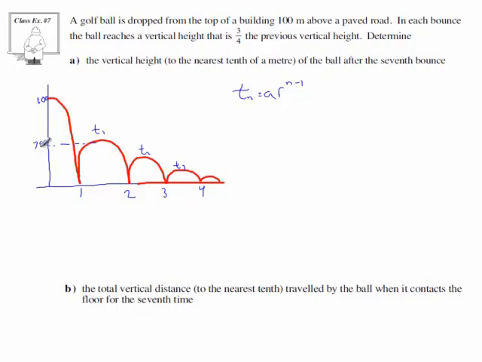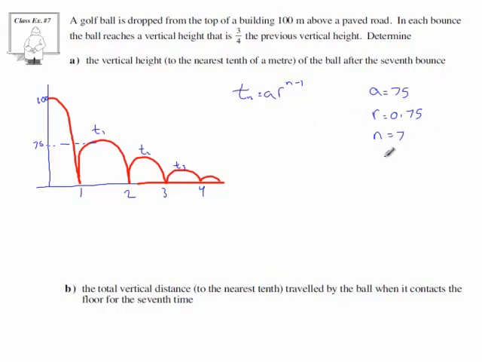So this is 75. Obviously not very well to scale. So a equals 75. R, since you're multiplying each height by 3/4 to get the next height, your r is 3/4 or 0.75. And your n, I want to find the value of T7, so my n is 7.